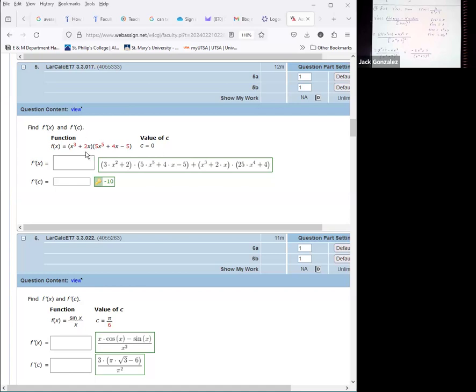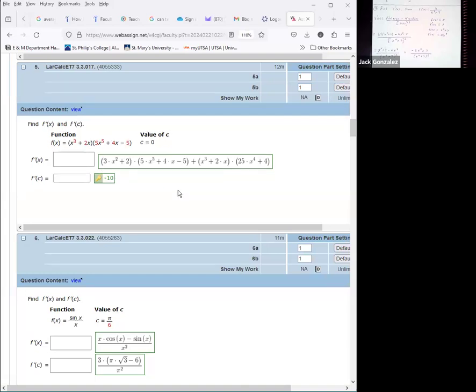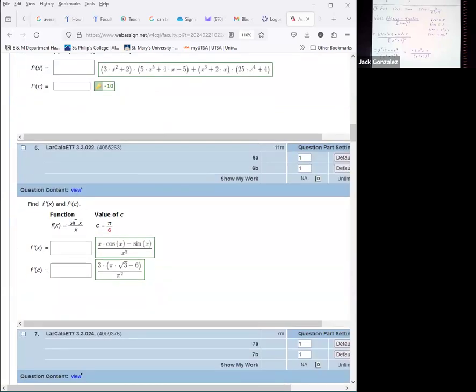So if you graph f and then you go to 0 and draw a tangent line, the slope would be negative 10. So it's all the same stuff. It's just the slope at c. The derivative is just a little more involved. So do a product rule, plug in 0. Over here, do a quotient rule, plug in pi over 6. And you'll just use your unit circle and you'll have some numbers.